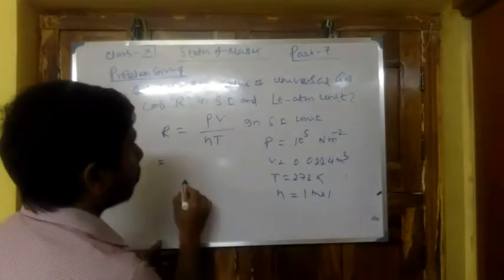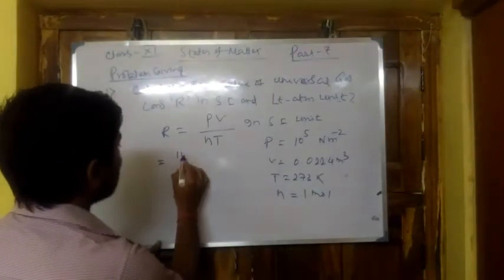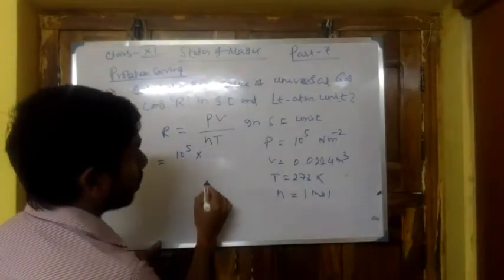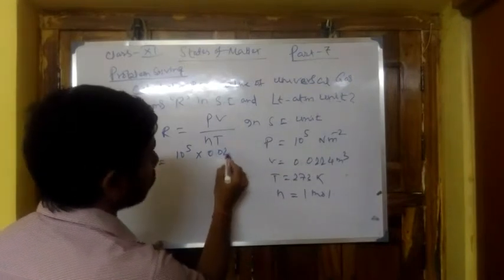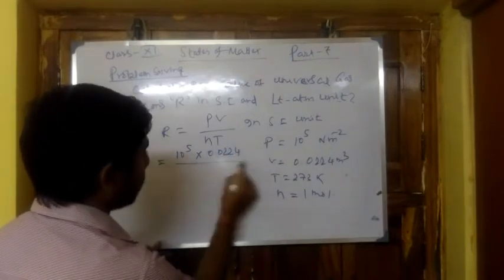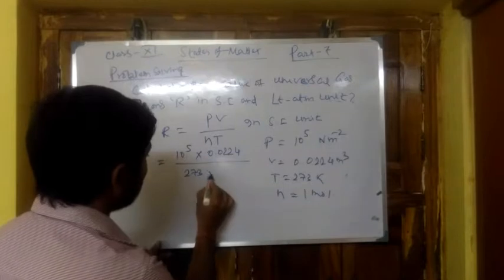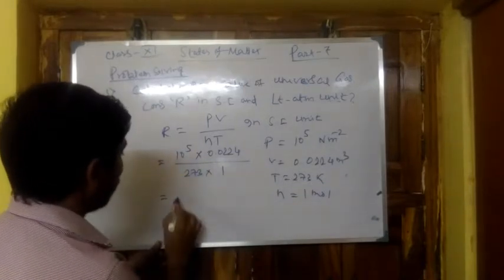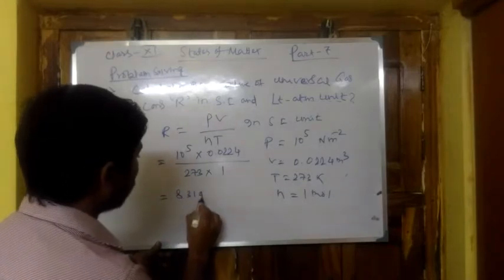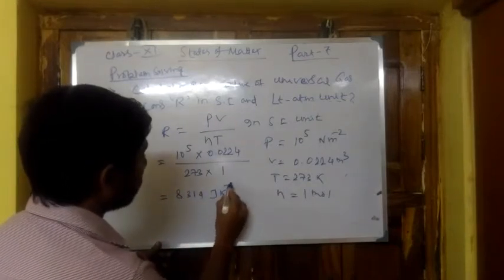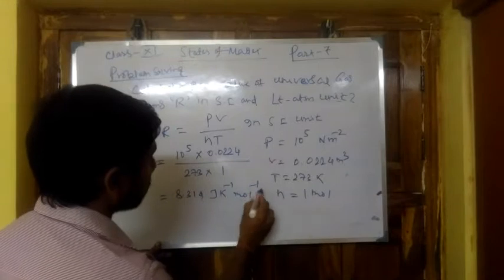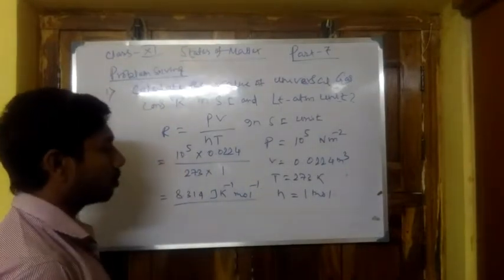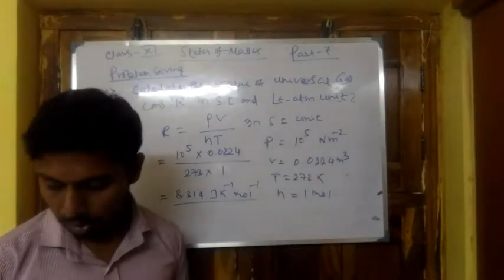Now putting these values in this equation, that is 10 to the power 5 into 0.0224 divided by 273 into 1, R has a value of 8.314 joule Kelvin inverse mole inverse.